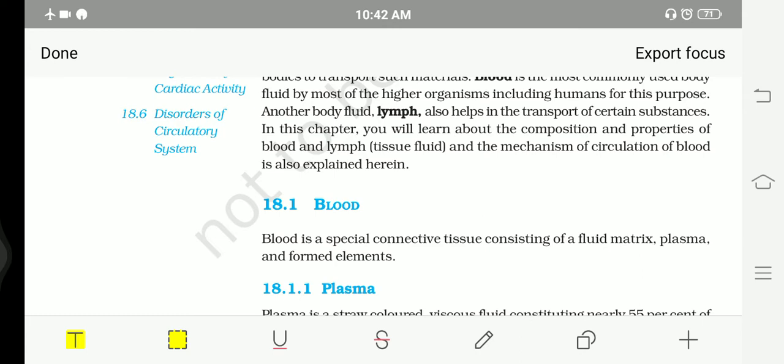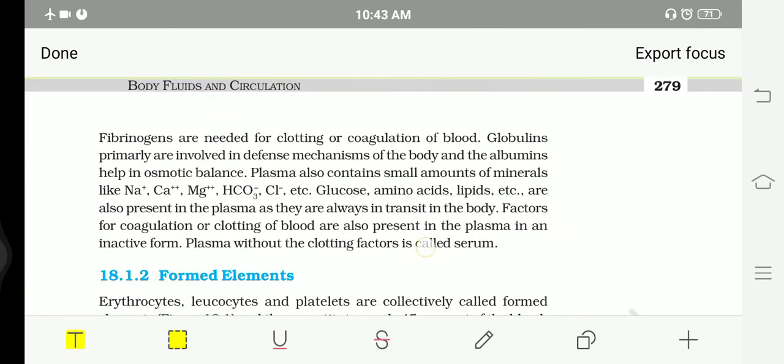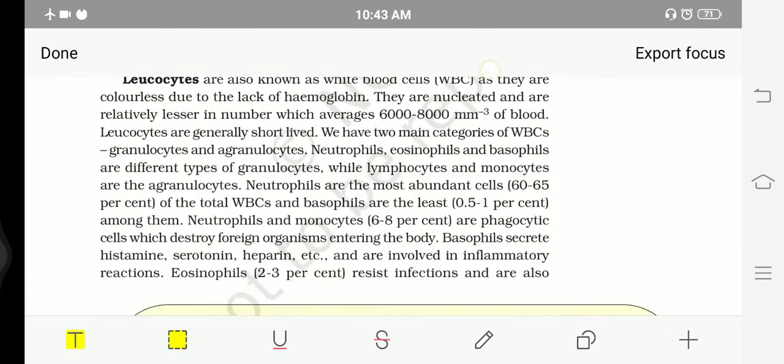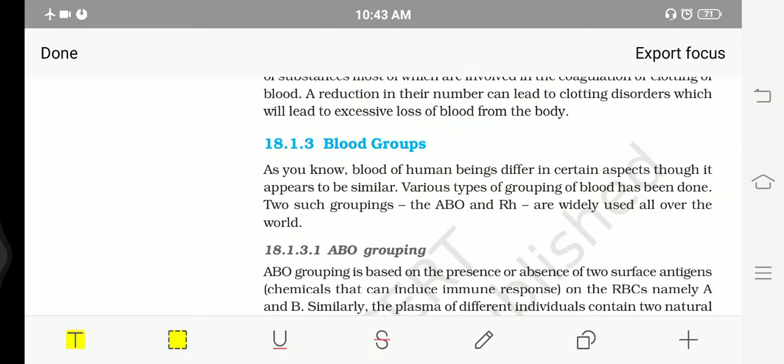The blood consists of components like blood plasma, blood cells and blood platelets. In the previous classes we also studied one more topic, blood group. The four types of blood group are A, B, AB, and O.